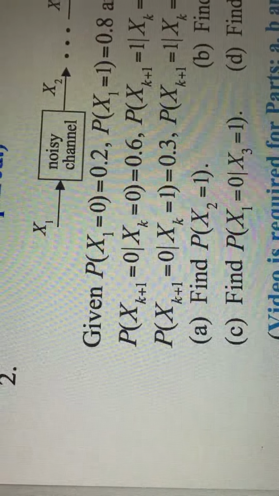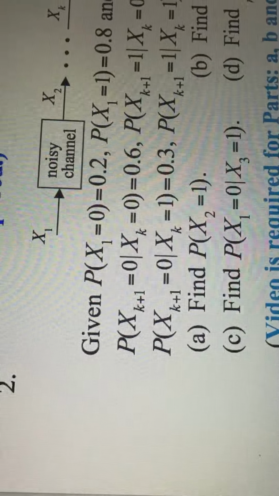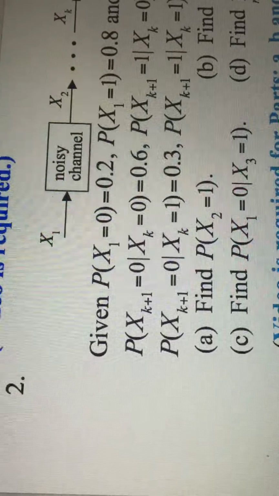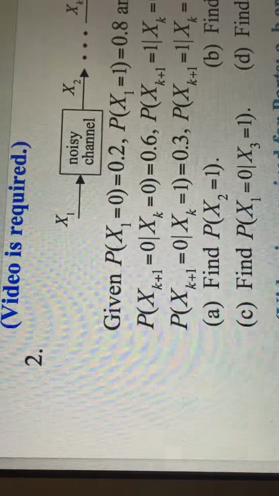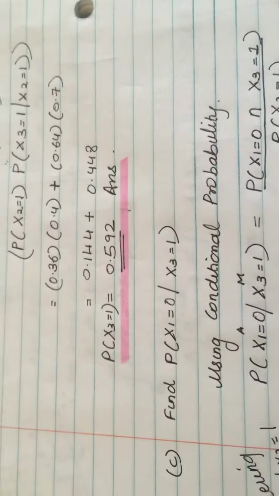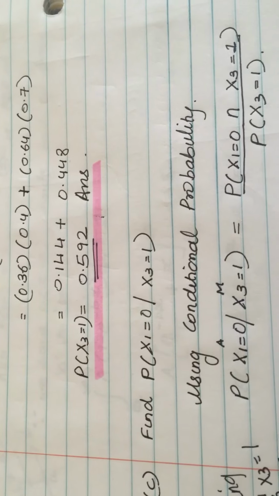So we have to find, given that x3 is equal to 1, what is the probability that x1 must have been 0? To find this conditional probability, we simply use the formula of conditional probability, which is P of A given M is equal to P of A M upon P of M.